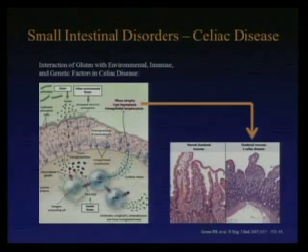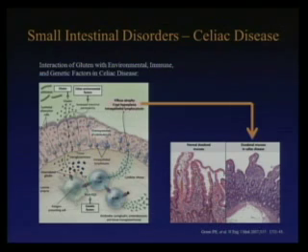And when gliadin enters the lamina propria, down here, it's digested by tissue transglutaminase, which allows for the interaction of the HLA-DQ2 or DQ8 haplotypes that are present on antigen-presenting cells.